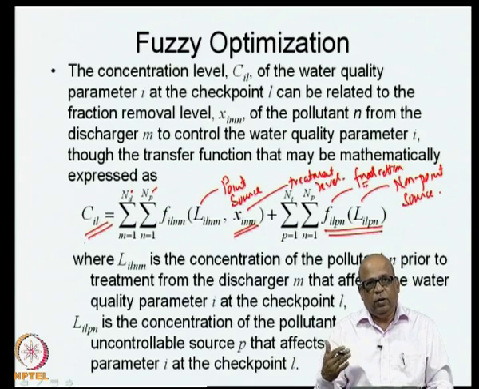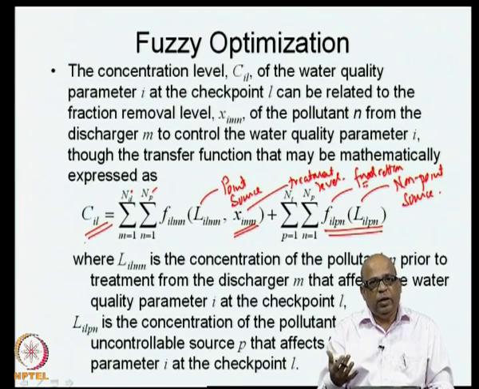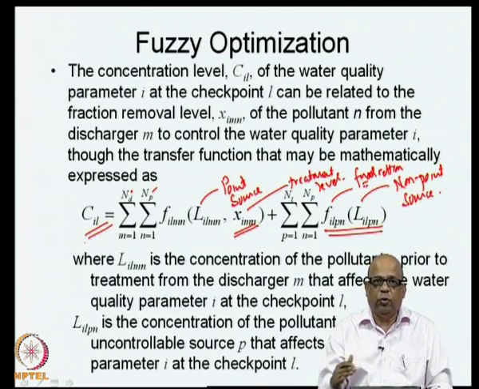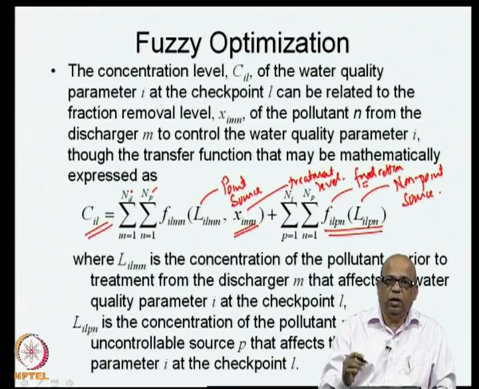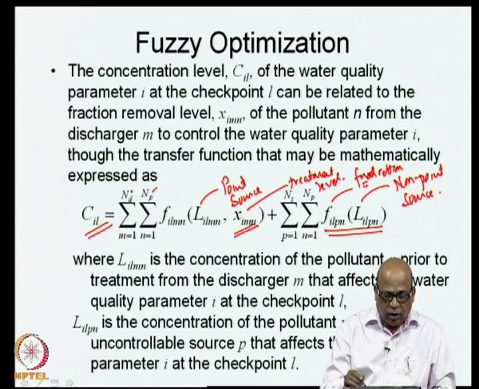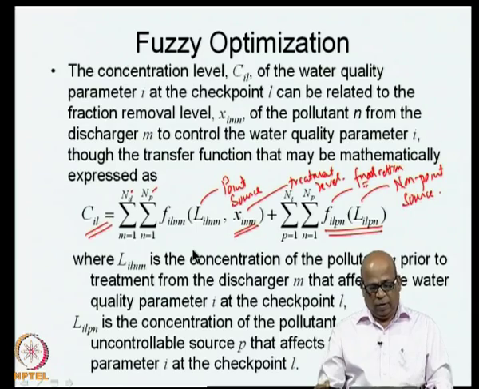When we deal with realistic problems, we may be dealing with only 1 or 2 pollutants, 1 or 2 water quality indicators and so on. So, it will be quite simple when we are dealing with actual situations in terms of the mathematical modeling, but the general formulation will address this kind of a model.